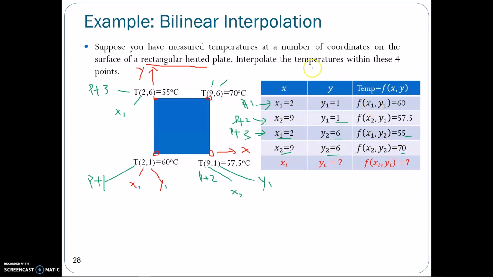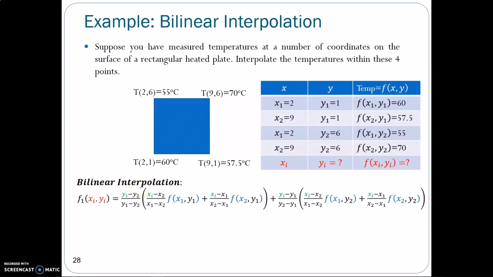You are going to interpolate the temperature within these 4 points, which is this plane. So let's say we take a point from this plane. This point is at the coordinate xi and yi, and we want to find the temperature at this xi, yi. We can use bilinear interpolation to solve the 2D interpolation problem here.